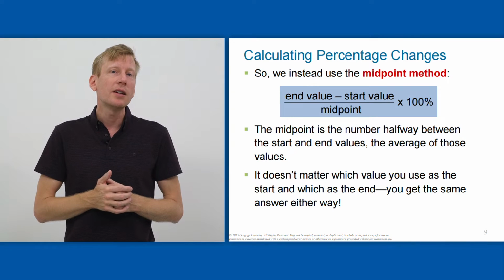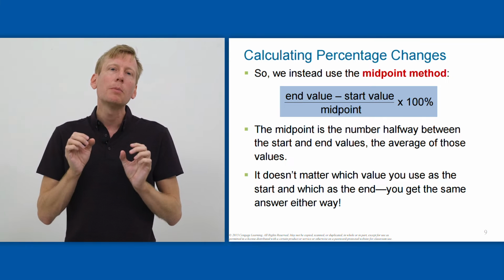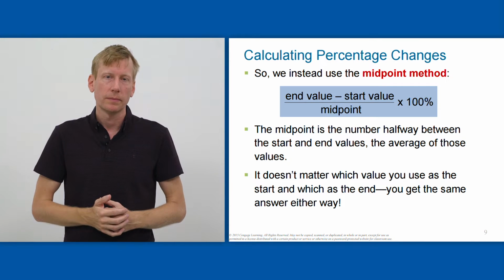Using the midpoint method to calculate our percentage changes, instead of taking the end value minus the starting value divided by the starting value, or the end value minus the starting value divided by the end value, both of which would give us inconsistent results depending on which we chose to be the end and which we chose to be the start, we take the end value minus the starting value divided by the midpoint between those two.